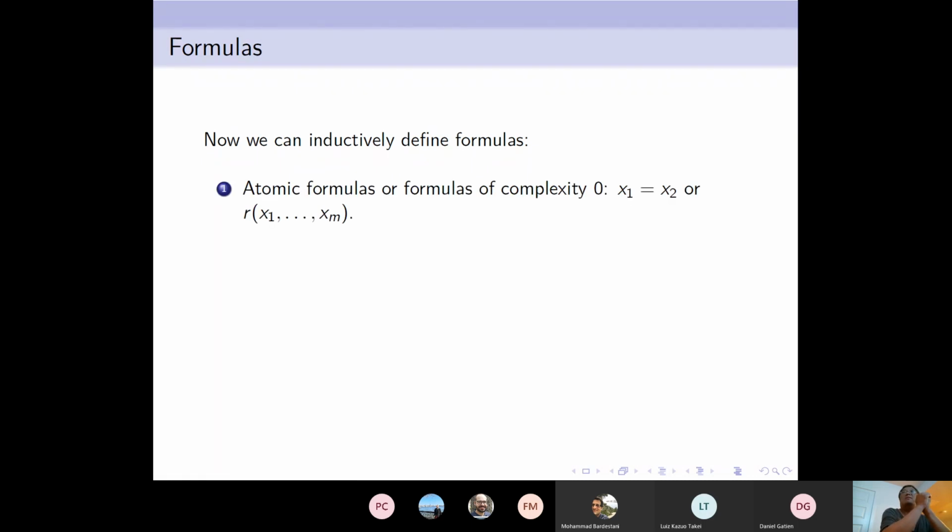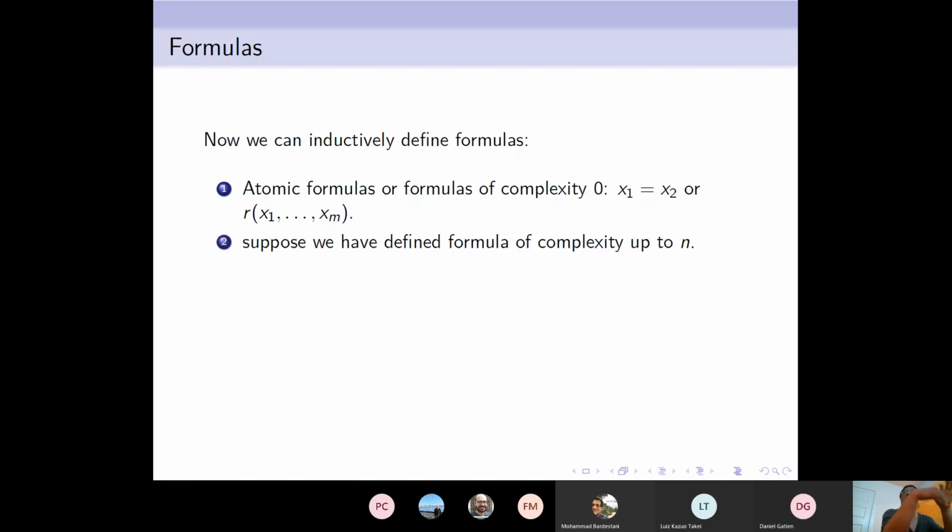Now here come the formulas. They are defined inductively. Complexity 0 means x1 equals x2, or a relation. An equality or a relation gives us the basic formulas of complexity 0.